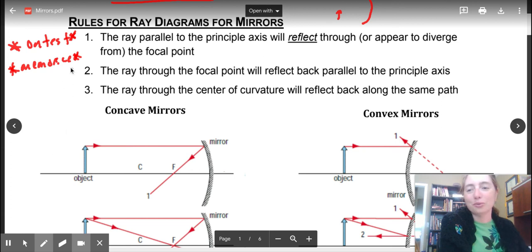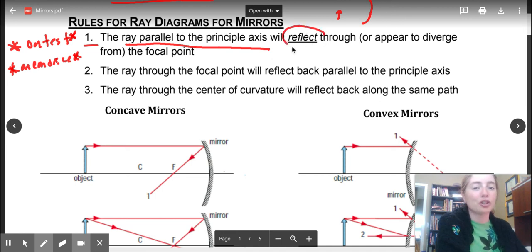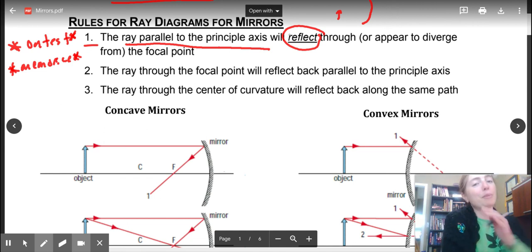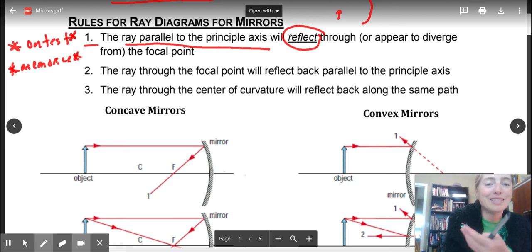Okay, so rule number 1. Similar to our rule from lenses, any ray that is parallel to the principal axis is going to reflect or appear to diverge from the focal point. Now remember how in our lenses section we sometimes had to draw dotted lines backwards through a point as if it looked like a ray was coming from there.